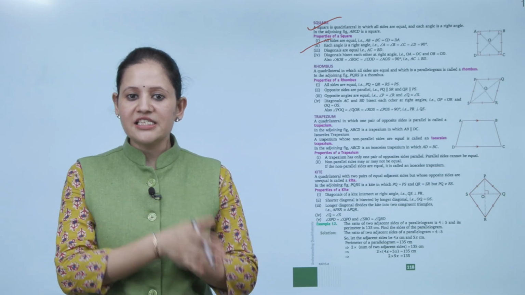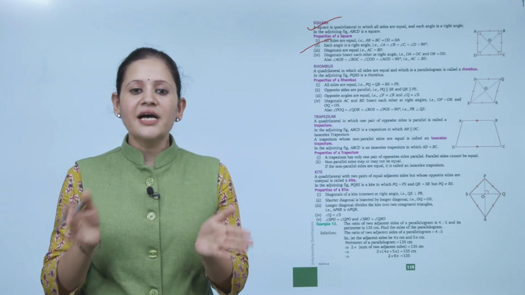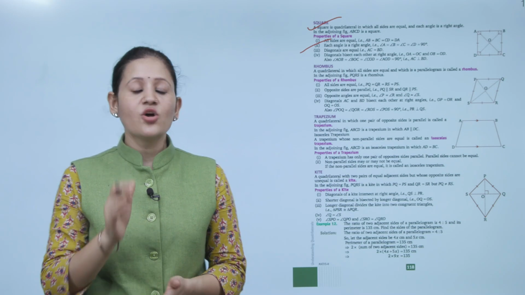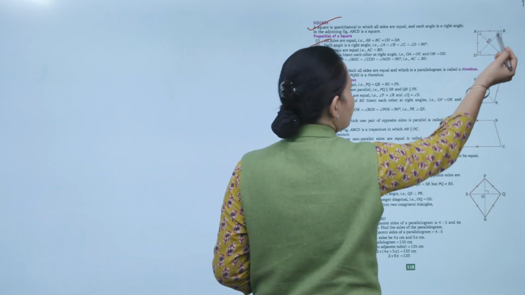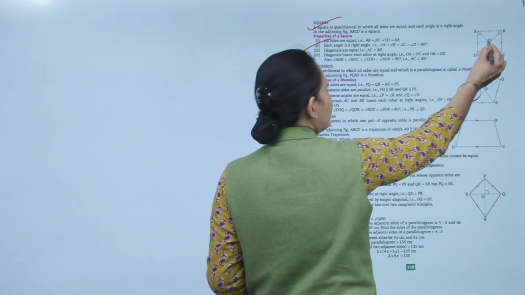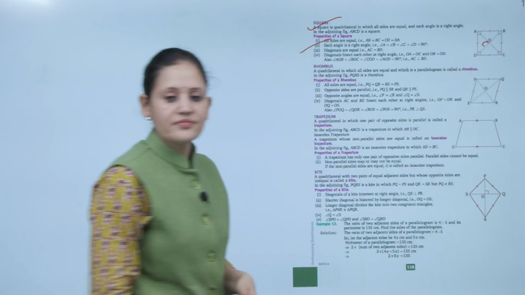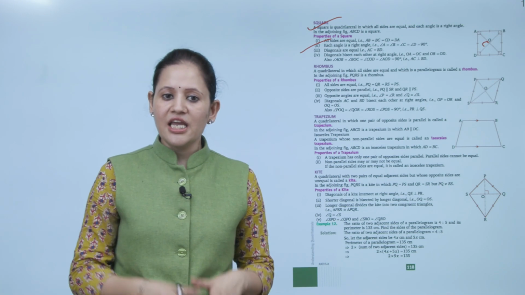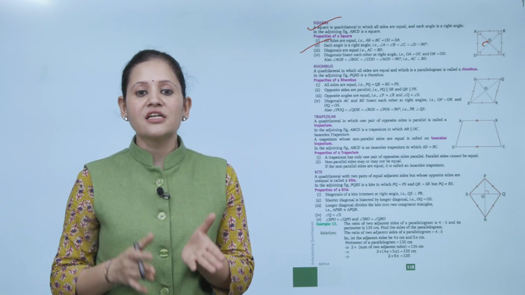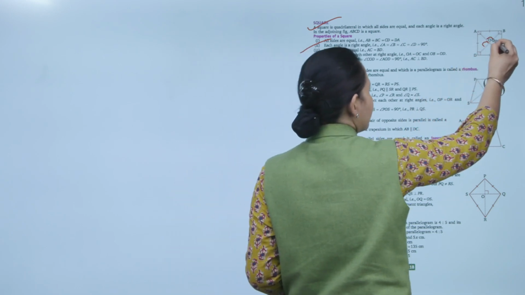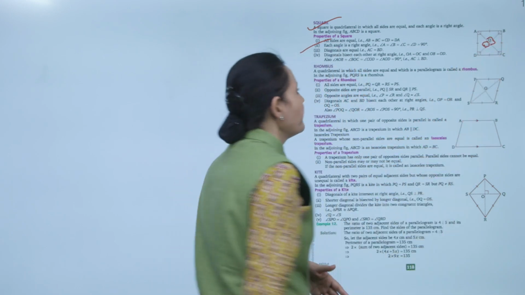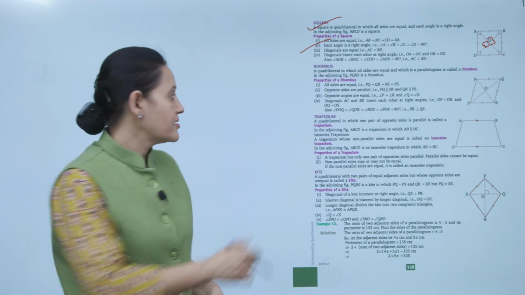Diagonals are equal, AC equals BD, and the diagonals bisect each other at right angles, meaning OA equals OC and OB equals OD, and a 90 degree angle is formed here. Also angles AOB, BOC, COD, AOD are 90 degrees, meaning where they bisect, a 90 degree angle is formed. Next is the rhombus.